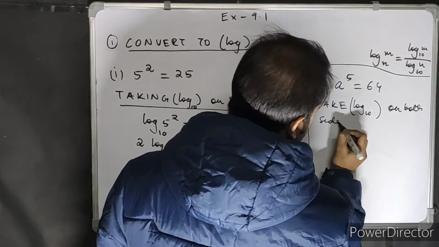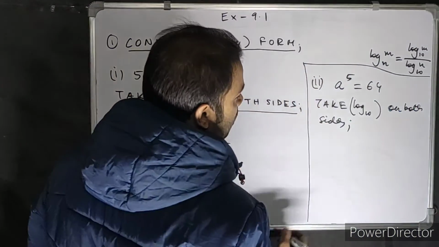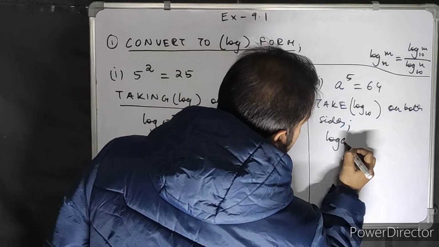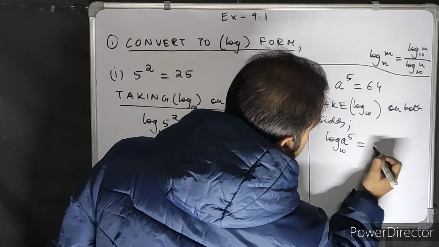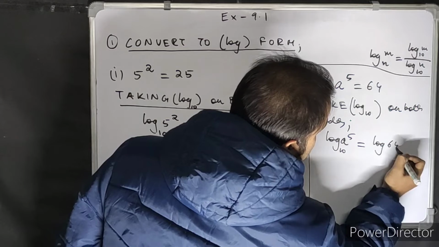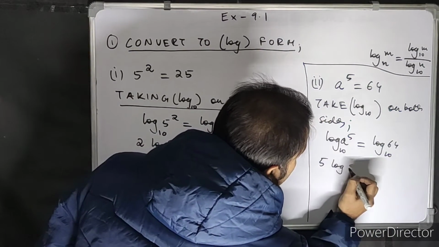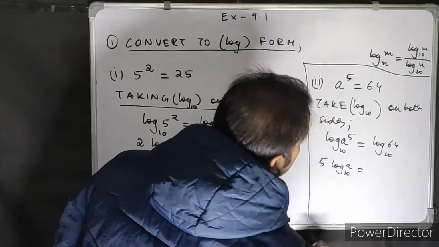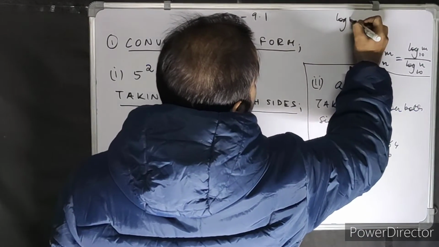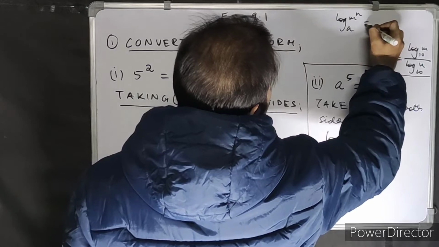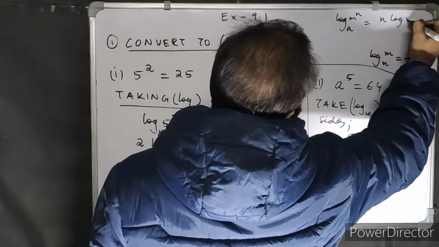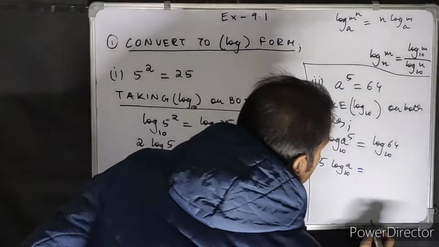Both sides. So what do you do? Log a to the power 5, that's base 10, is equal to log 64 base 10. So 5 comes in front, the property of log. Which property? Log m to the power n base a is n log m base a. That property I have used.